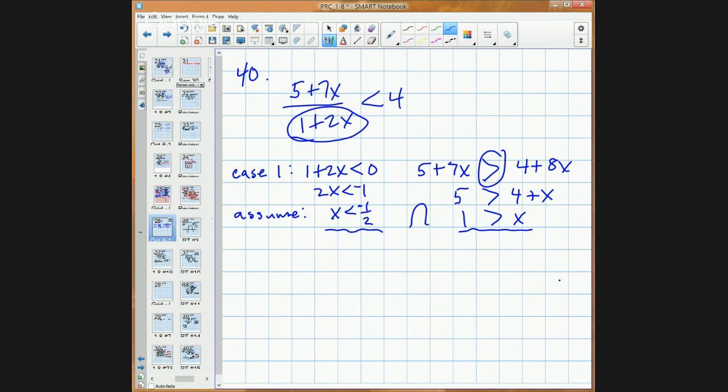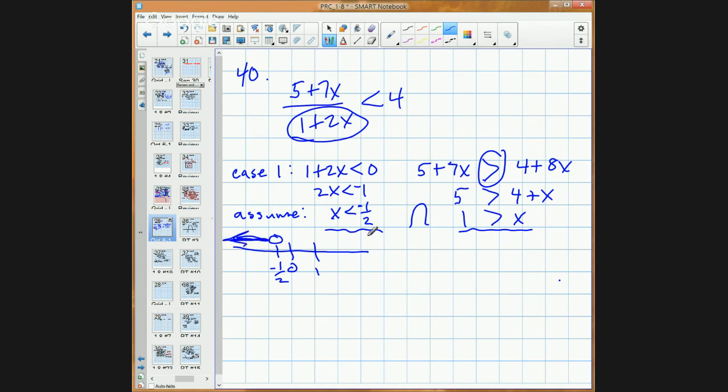Sure. Like, how about negative 1? Is negative 1 less than negative 1/2? Yeah. Is negative 1 less than 1? Sure. See, what you're doing is you're taking, let's say that's 0, there's 1, and right there is negative 1/2. So if you take the numbers less than negative 1/2, they look like this.